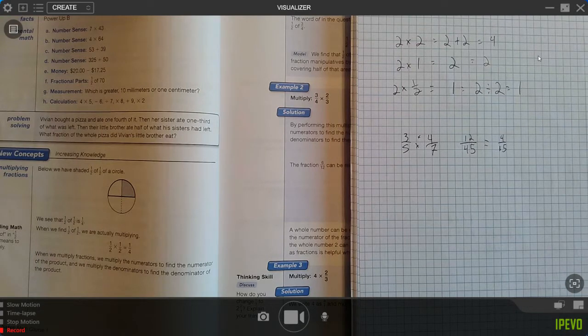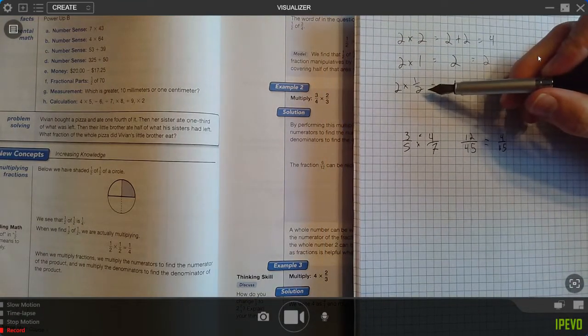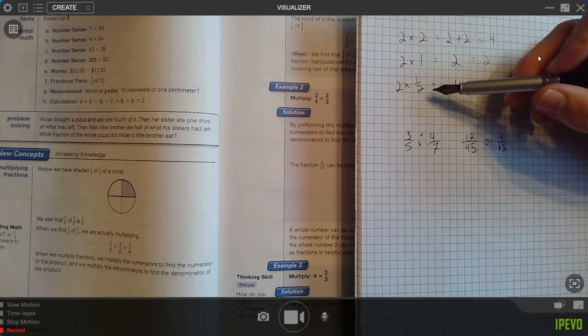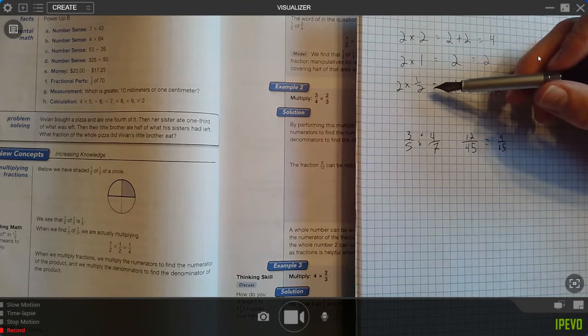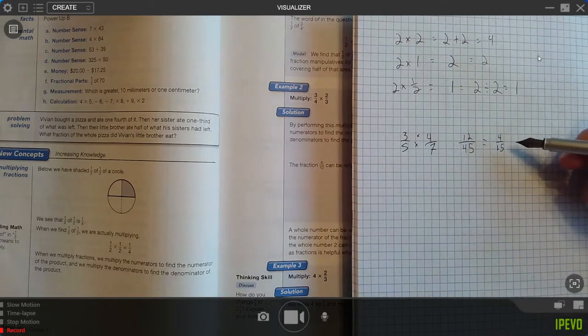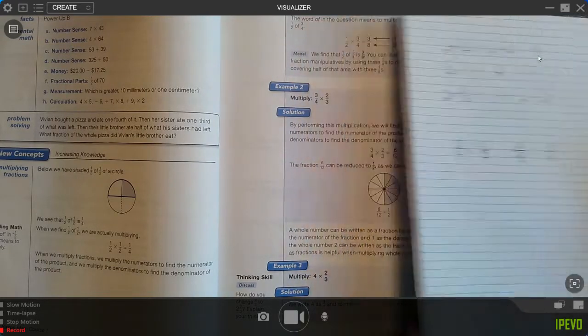Okay? So the concept here that I want you to know is that when you're multiplying by a fraction, you're essentially dividing. Okay? The number is getting smaller, unlike other multiplications. But the actual work you do is very, very easy. Okay?